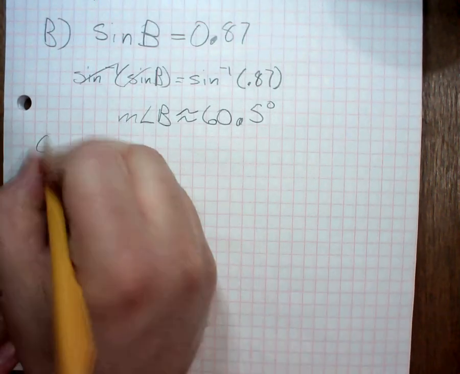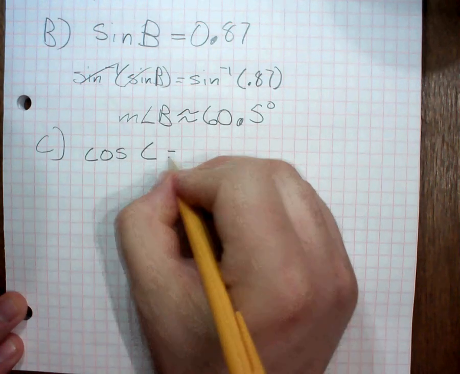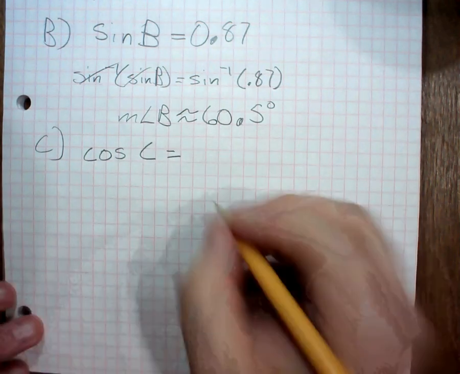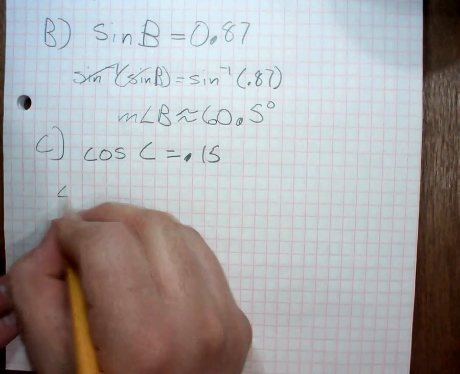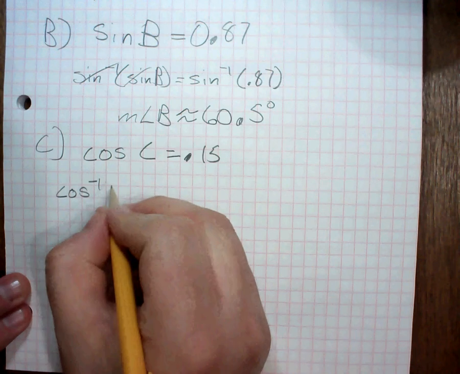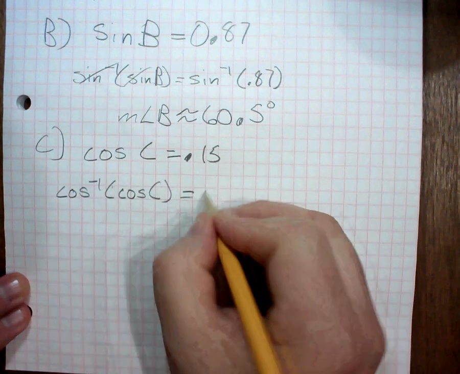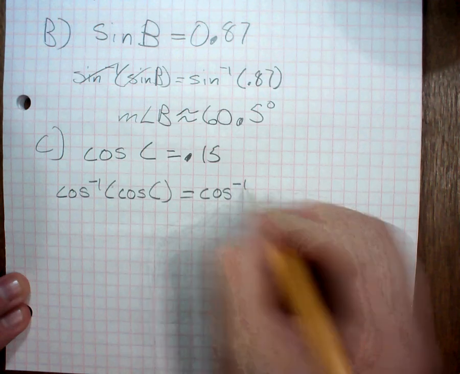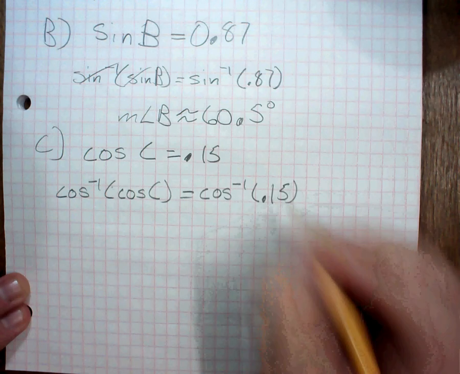For part C, I'm given cosine of C is equal to 0.15. Again, I'm just going to say arccosine, or the inverse of cosine, of C is equal to the arccosine of 0.15.